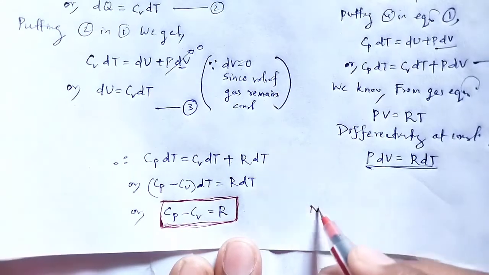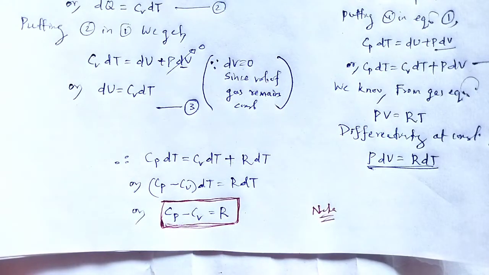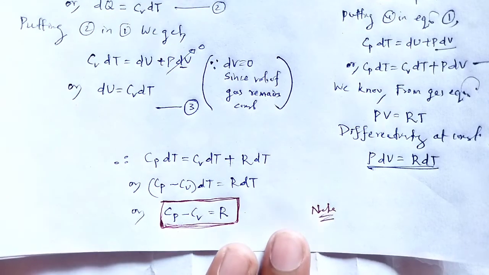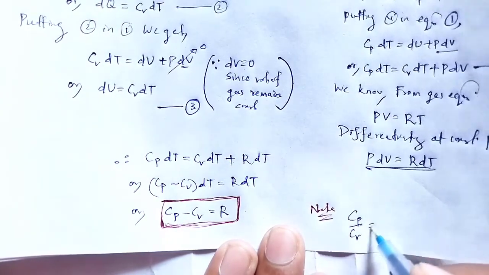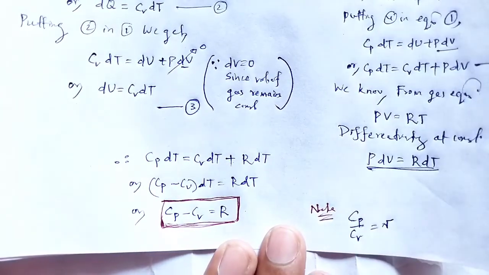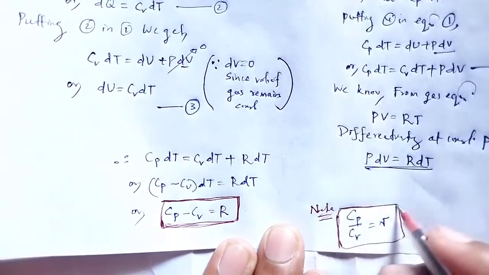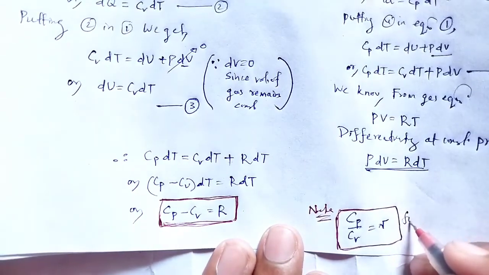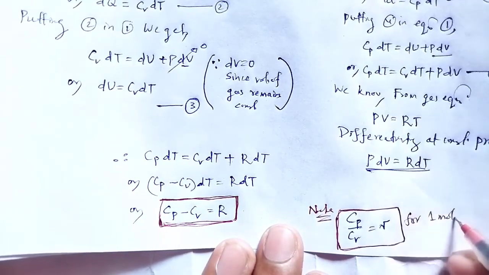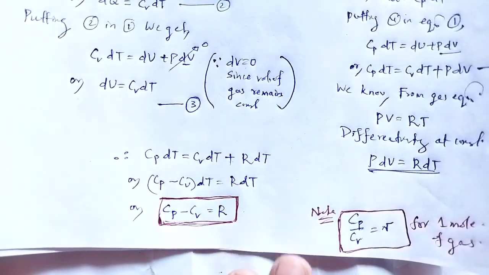Note that if we consider 1 gram mole of gas, the ratio of Cp by Cv is always a constant, with value gamma. Cp by Cv is always a constant for 1 mole of gas.